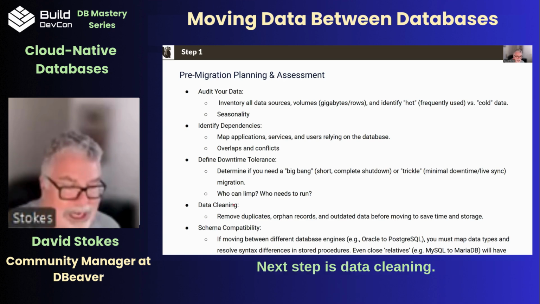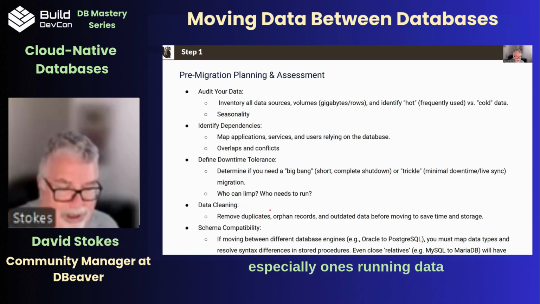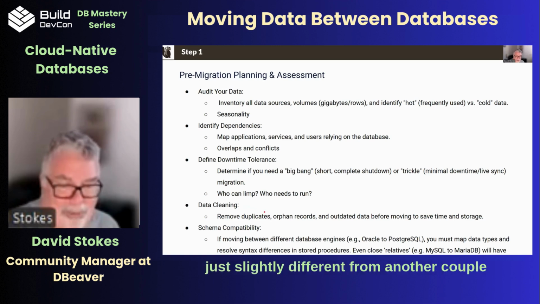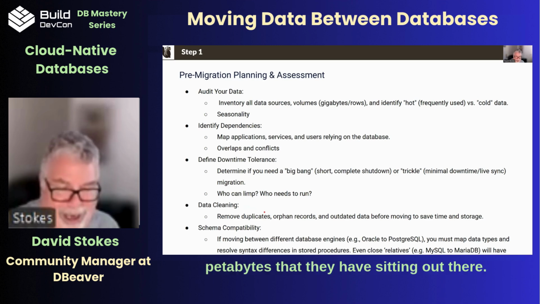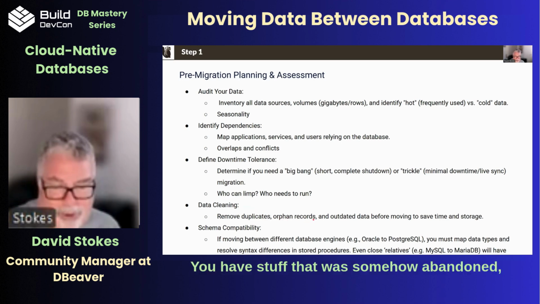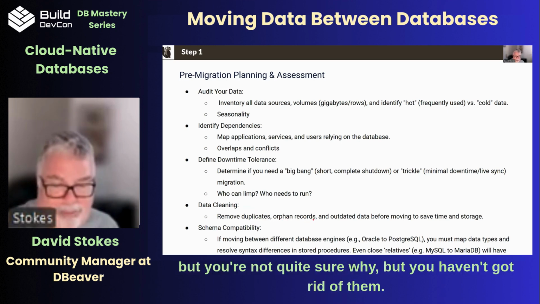Next step is data cleaning. Remove duplicates. It's amazing how many folks, especially ones running data lakes or data oceans, have redundant sets of data or data that's just slightly different from another couple petabytes that they have sitting out there. Also, orphan records. You have stuff that was somehow abandoned, but you're not quite sure why, but you haven't gotten rid of them.